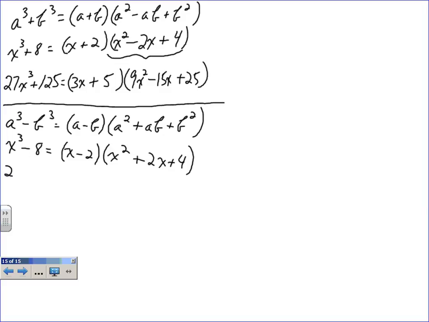And then if I have 27x cubed minus the 125, for my signs, look at the original formula up here. I'm going to have a minus, and then a plus and a plus. And those signs are built into the formula.